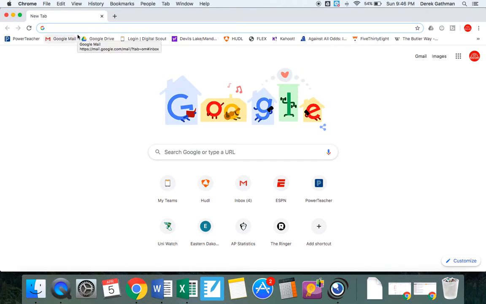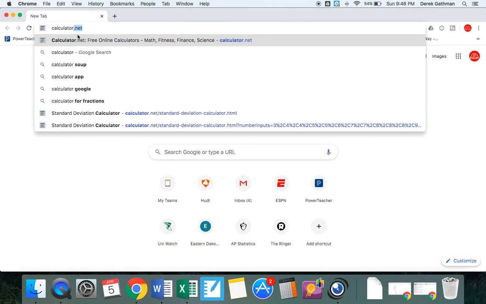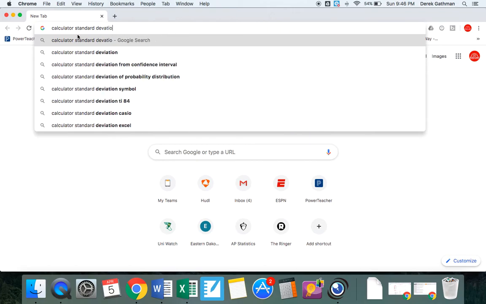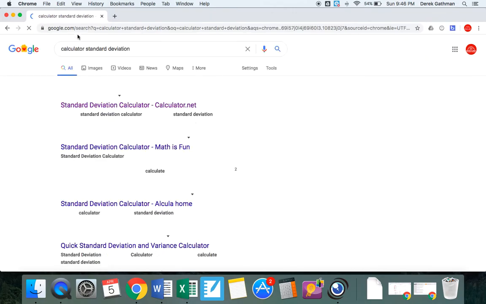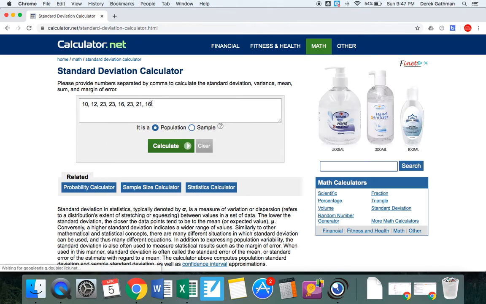So we're just going to search for calculate standard deviation. The first option that pops up is standard deviation calculator, and it's pretty easy to use. It takes you to this page right away, and it gives us a list, and we're always going to have a population. We'll go ahead and enter our numbers in.